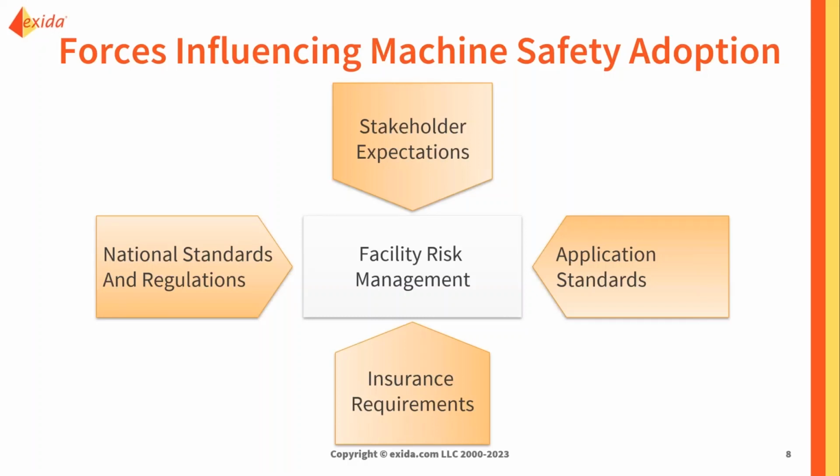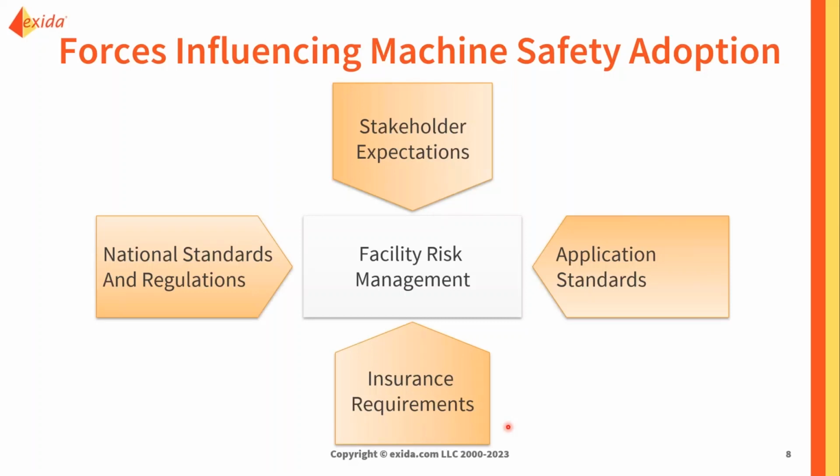And there are also specific subsections and requirements for machinery protecting against common machine hazards. And so all of those play a role in shaping how organizations look to address that risk. We can also think about the insurance requirements, and that's also something that tends to be important in the US for organizations that aren't self-insured.